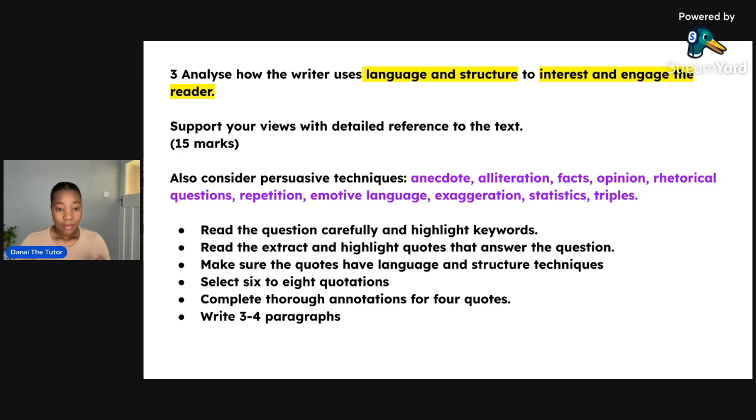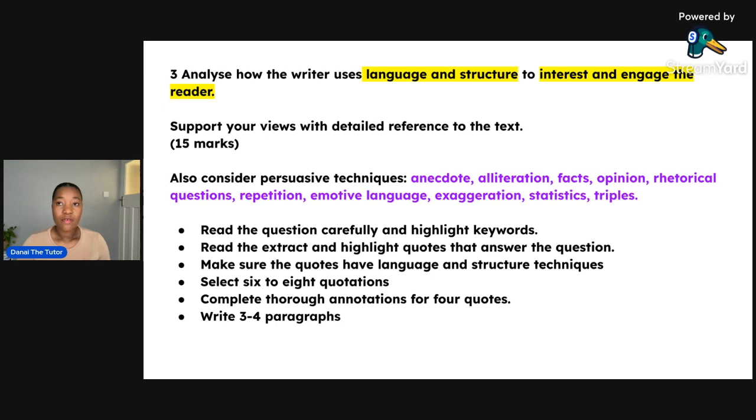So the approach to this question is: read the question carefully and highlight keywords. Read the extract and highlight quotes that answer that question. Make sure the quotes have language and structure techniques. I would suggest you pick 6 to 8 short quotations that you can use, and then complete thorough notes for 4 of those quotations.